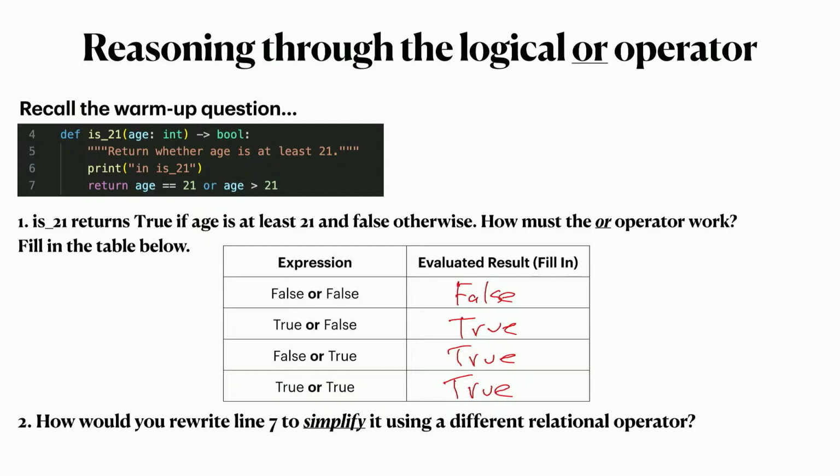All right. And lastly, how would you rewrite line 7 to simplify it using a different operator? Yep. It would just be age is at least 21, so age is greater than or equal to 21. Or, yeah, return, and then. Great. So this is one of those examples.